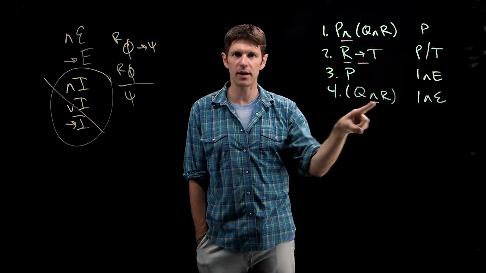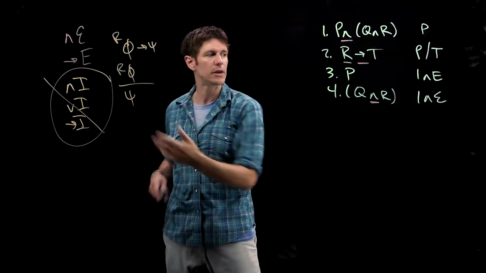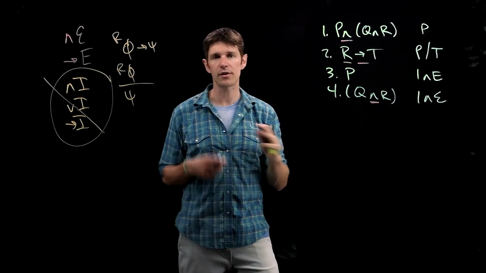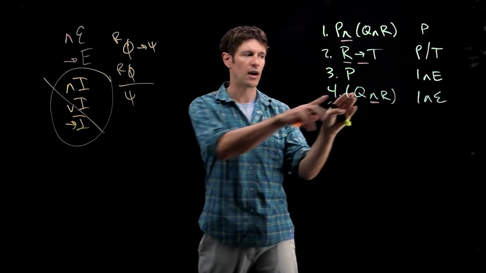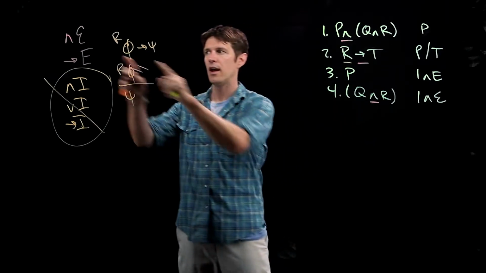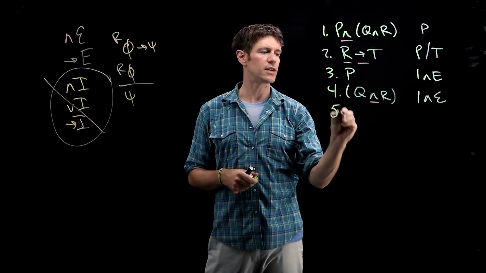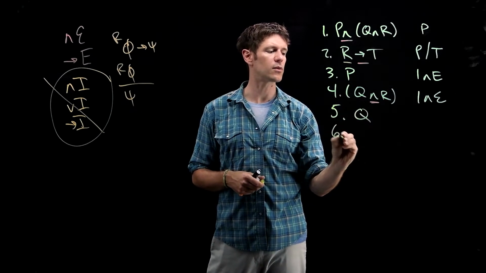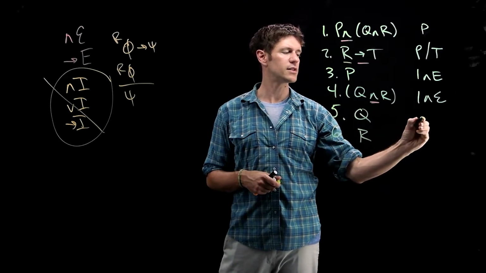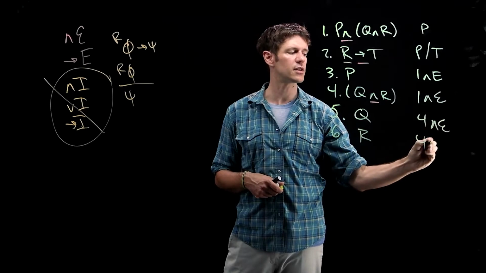If we look at it, the main operator is the and, so we can use the corresponding elimination rule. So again, we're not going to think too far ahead. We're just going to identify the formula type, the main operator in the formula, and apply the corresponding elimination rule. So we could reason to Q and we can reason to R. And so this is from 4. We're using conjunction elimination on line 4.